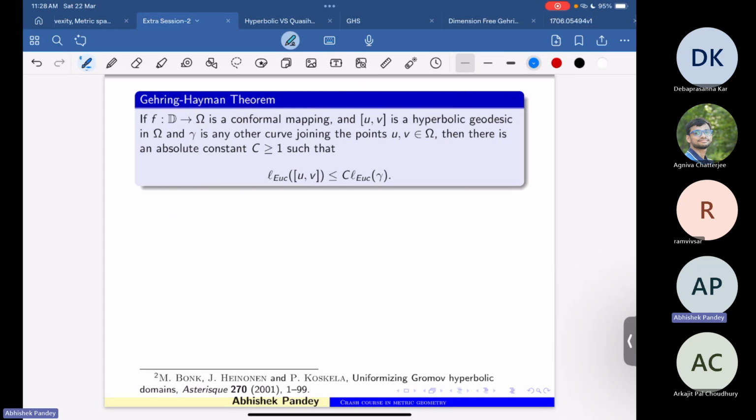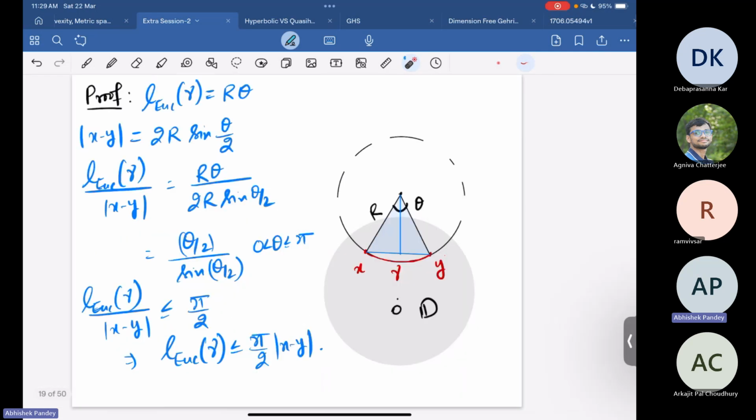Then there exists an absolute constant c, which does not depend on the curve and only depends on omega, such that the length of the hyperbolic geodesic is less than or equal to c times the Euclidean length of any other curve gamma joining x and y. So hyperbolic geodesics are essentially the shortest curves. This is the Gehring-Hayman theorem, proved by Gehring and Hayman.